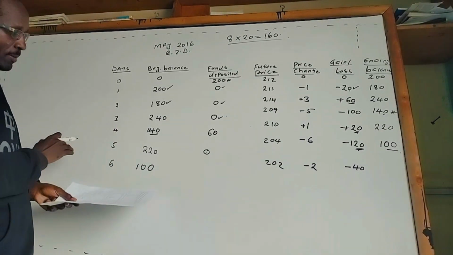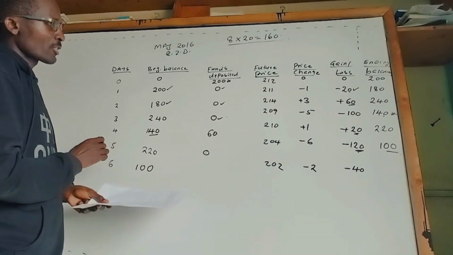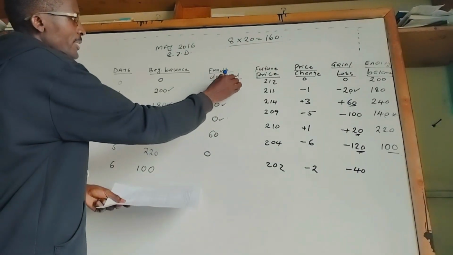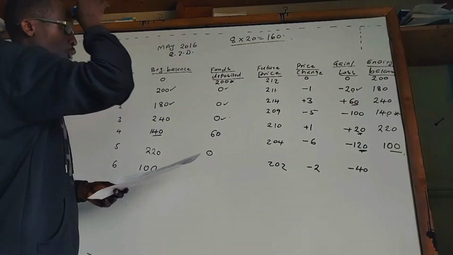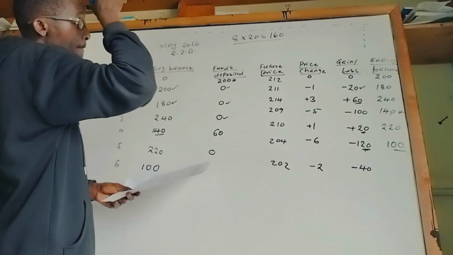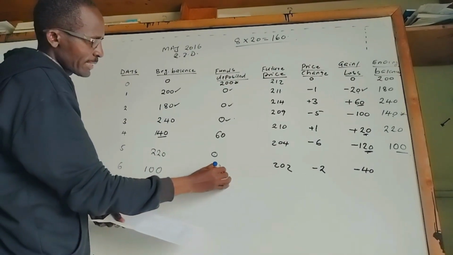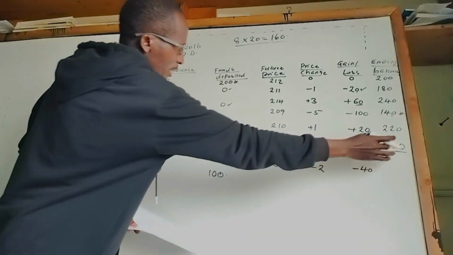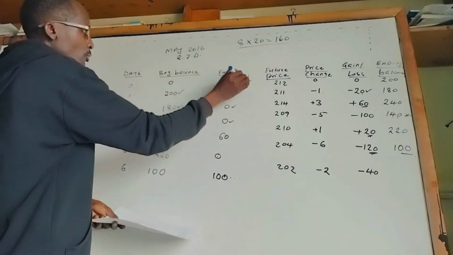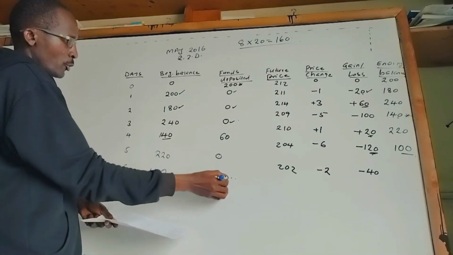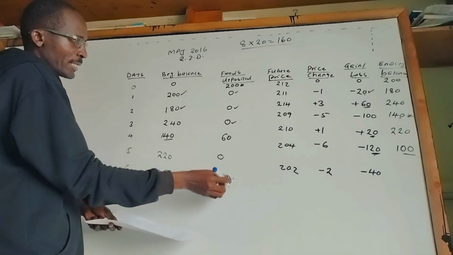Now, however, the amount has fallen below 200. That figure of 100 is below 200, so we need to restore the figure back to 200. So we deposit 100 there. Because this figure has fallen below 200, you have to restore it, so you deposit 100 in your account, and your account now has 200.